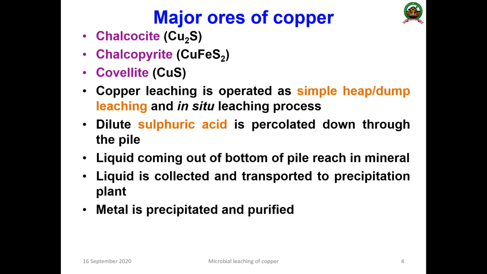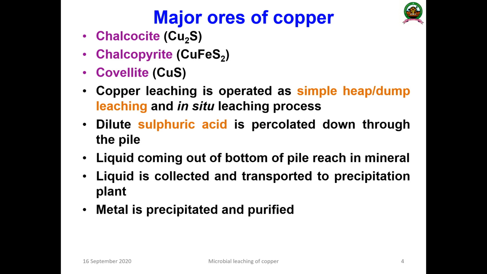Here, diluted sulfuric acid at low concentration is percolated down through the pile, and the liquid that comes to the bottom of the pile reaches the mineral. That liquid will be collected and transported to the precipitation plant, and finally the metal will be precipitated and purified. So this is just a fundamental aspect of copper leaching.